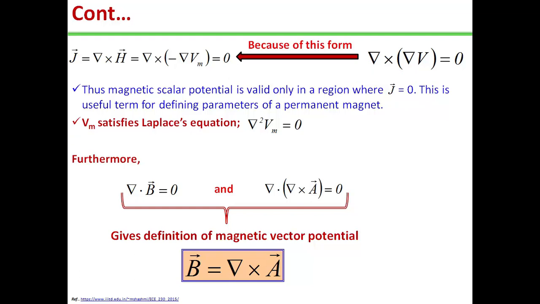To satisfy the equation, we have the below two equations, that is del dot B is equal to 0, and another equation, del dot del cross A is equal to 0.